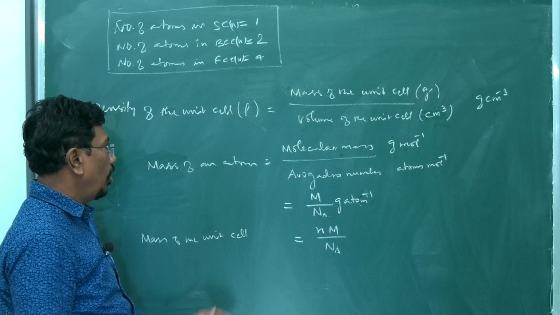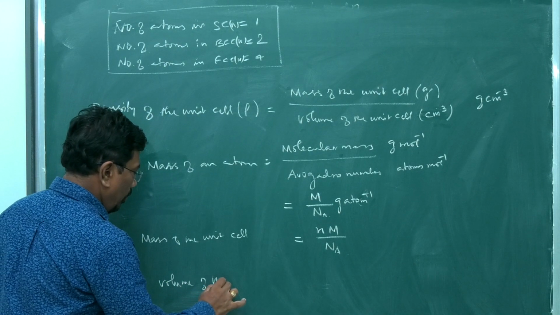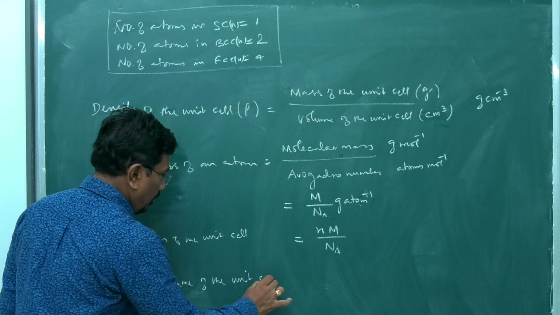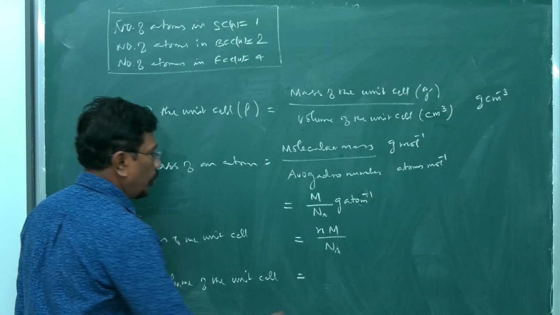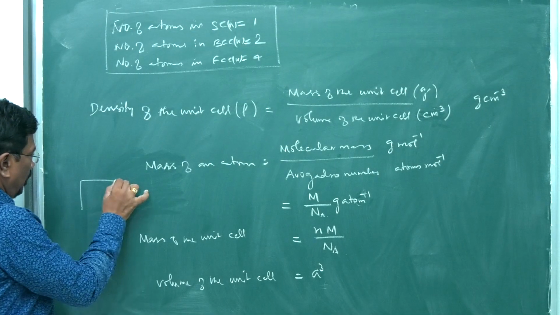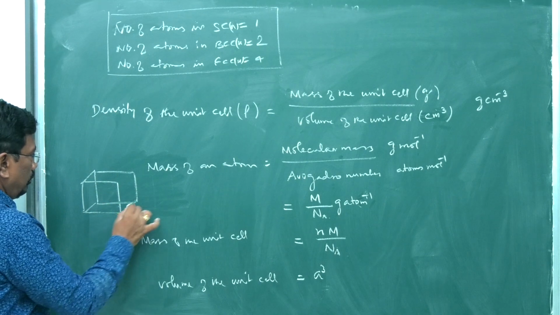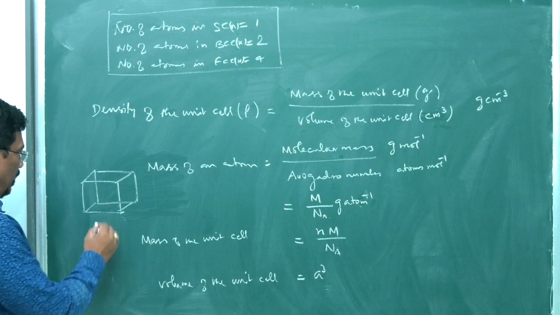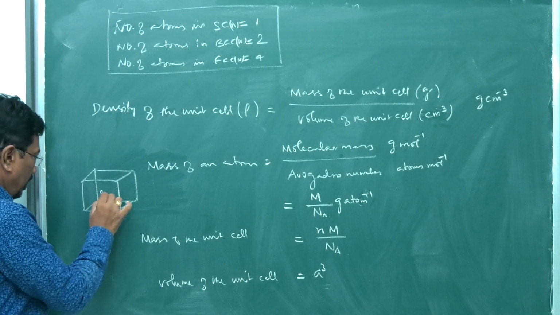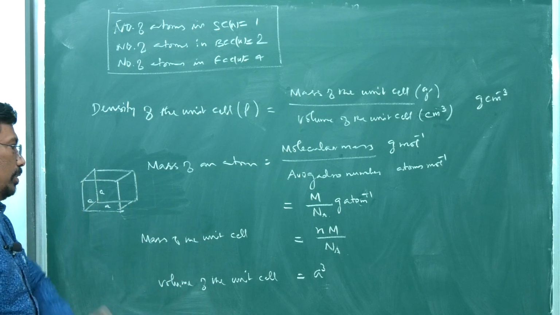When it is divided by volume of the unit cell, volume of the unit cell is equal to A cube. How? It is a cube, length, height, breadth, everything A, and therefore volume will give A cube.